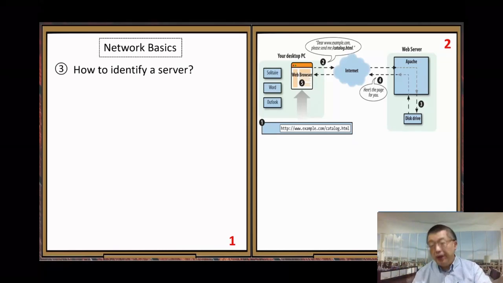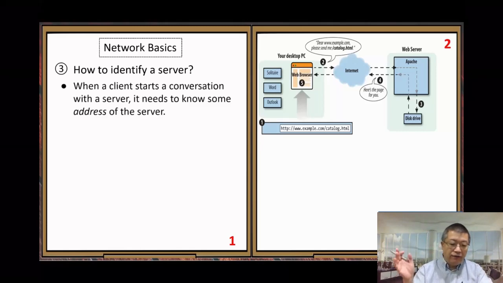First, there is some special address needed. You need to know the address of that server. That server has a unique address, so you can use that address to locate that server.